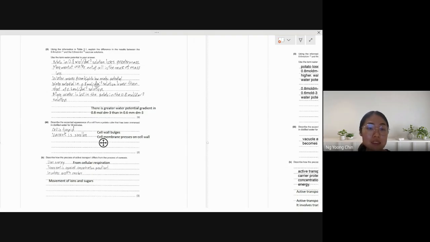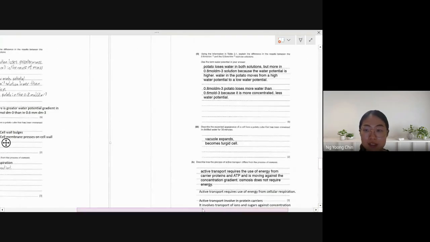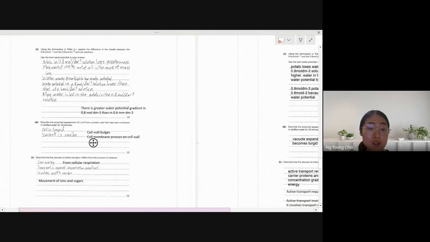Hypertonic means they have a higher solute concentration. Yeah, so you can mention that there's a greater water potential gradient in the 0.8 compared to the 0.6 molar. So this is an example of a question you can write, but generally I see your answer, I think it's okay. You can score a full mark.